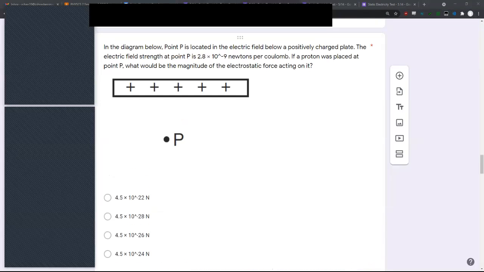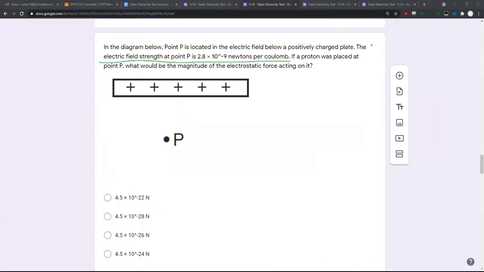All right, is this okay? How blurry is it?